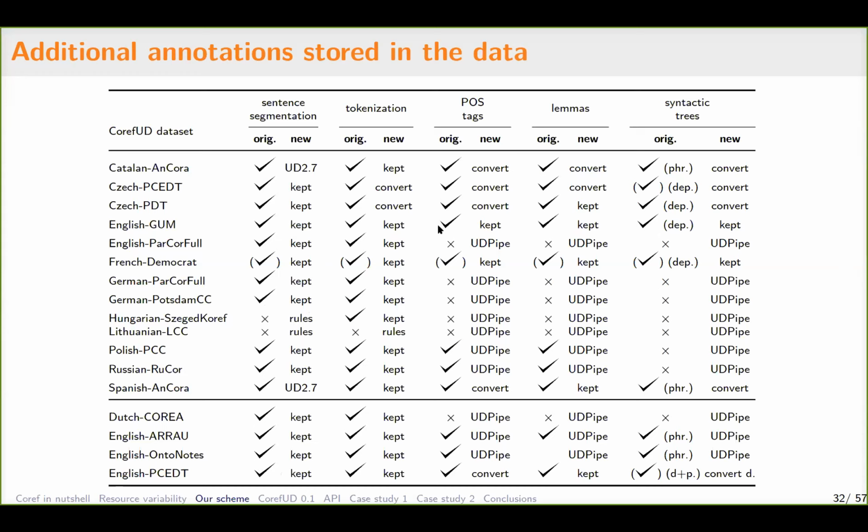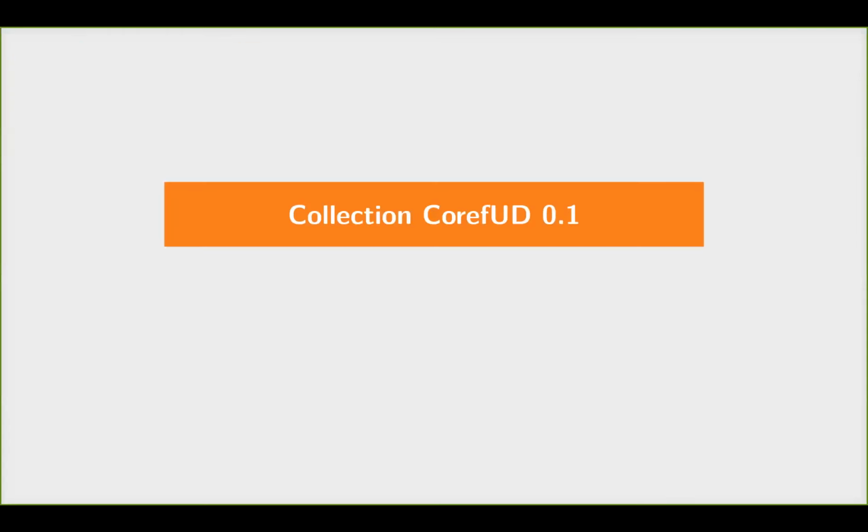Sometimes it was present in the original data and we kept it, or we converted it somehow to the UD tagset, or it was present, but we have rewritten it with the UDPipe result because it was not easy to convert. The same holds for lemmatization and syntactic trees. In some cases, we have reparsed the data even if the information was present because it would be hard to convert it automatically. But it's, I would say, a temporary solution in some cases.